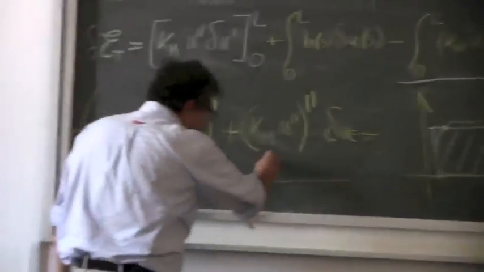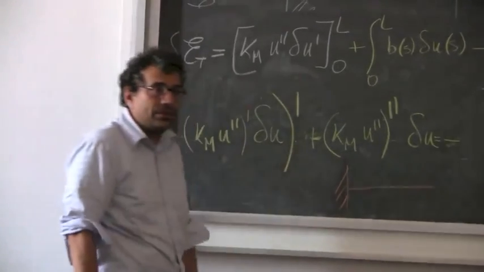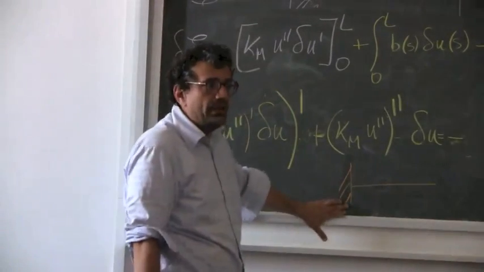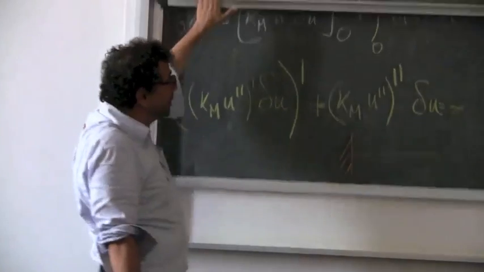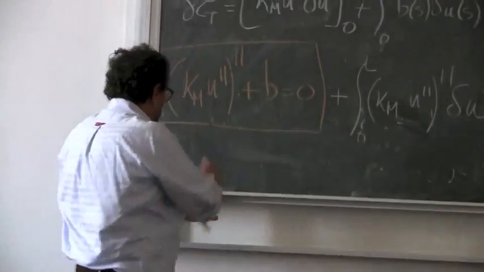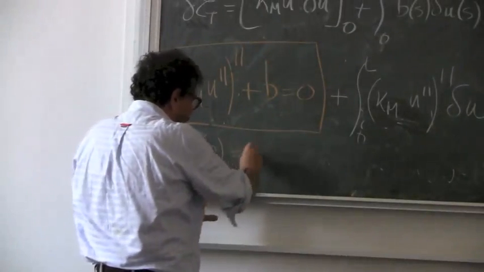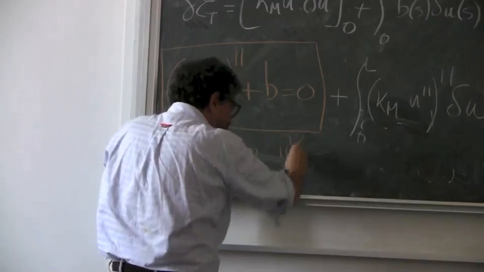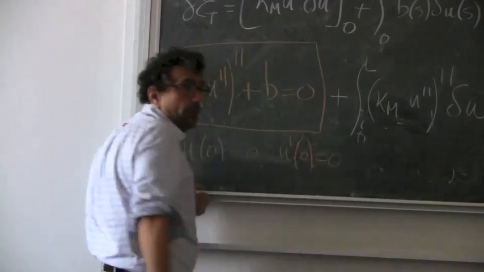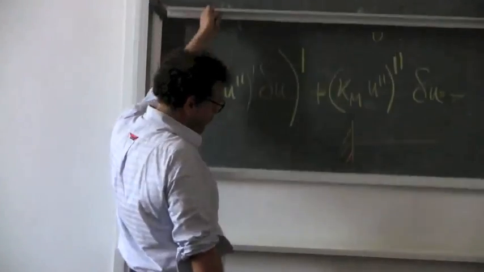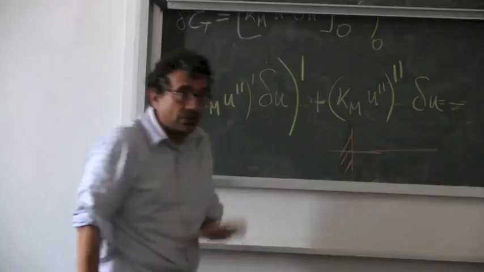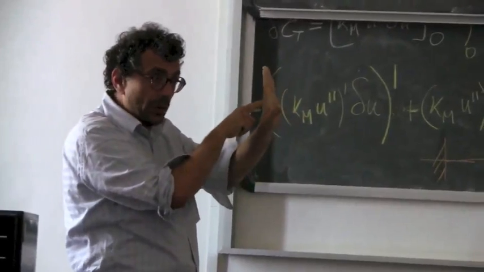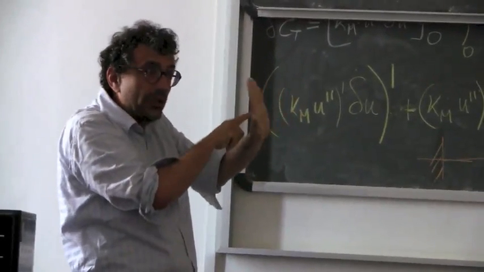You must block this beam with a clamp. Okay? Blocking with a clamp the beam means that u0 is equal to 0 and u prime 0 is equal to 0, because the tangent here has to be horizontal, because you are not blocking the centroid. You are telling also that the section cannot rotate.